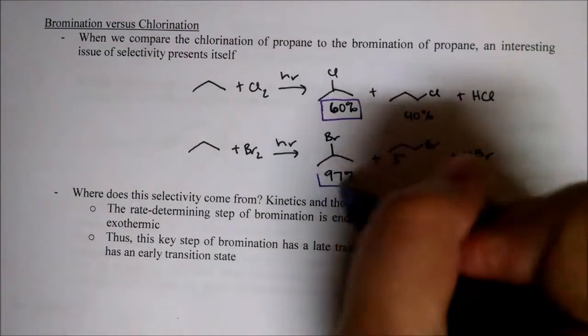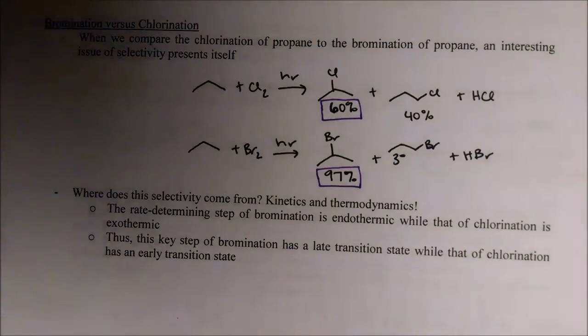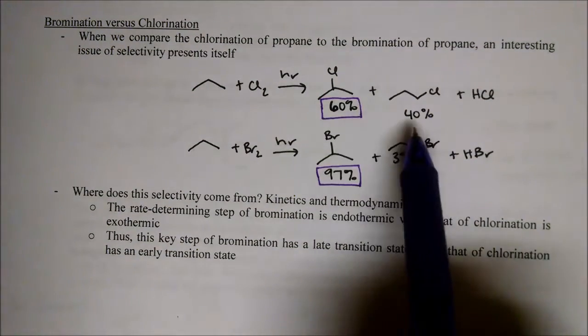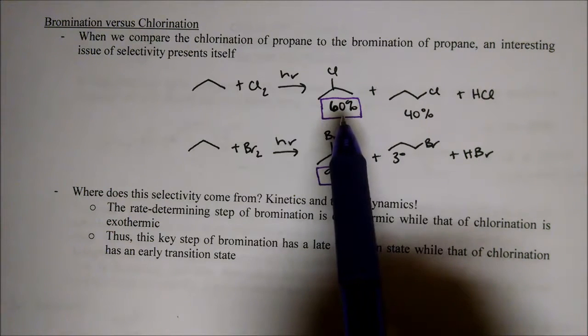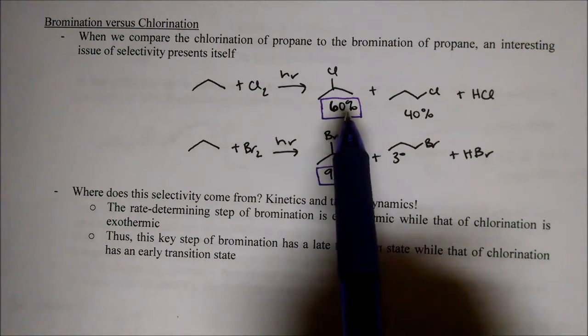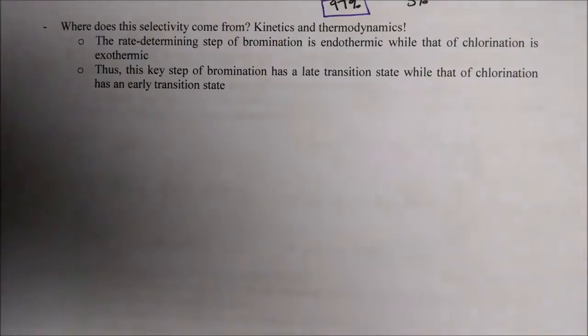But this is definitely a much better selective reaction. Much better, improved selectivity, right? Because instead of this almost 1-to-1, I know it's not 1-to-1, whatever it is, it is greater only by a little bit, 60 and 40. We get 97% here.